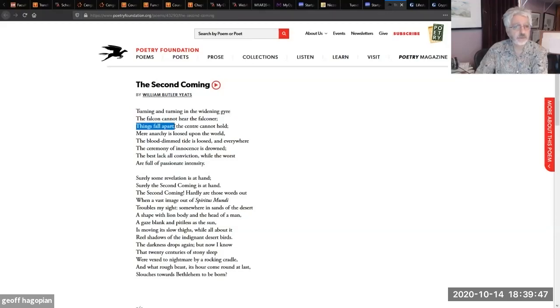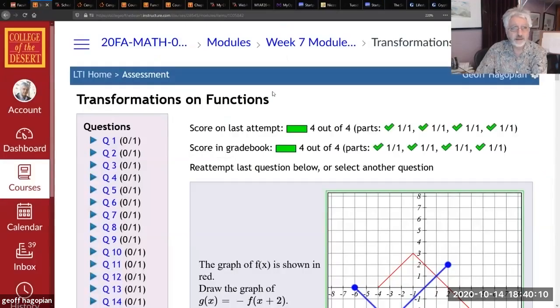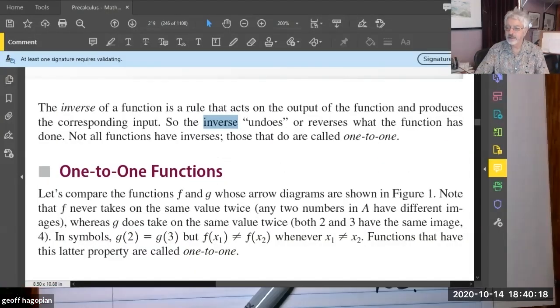Things fall apart, Chinua Achebe. The center cannot hold. Mere anarchy is loosed upon the world. Hey, this is like an augur of today. The blood-dimmed tide is loosed, and everywhere the ceremony of innocence is drowned. The best lack all conviction, while the worst are full of passionate intensity. Yeah, okay. So it goes. How are we doing? A little poetry to ease our segue into inverse functions.